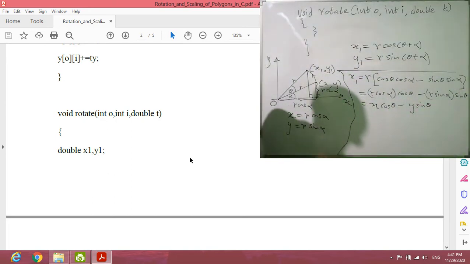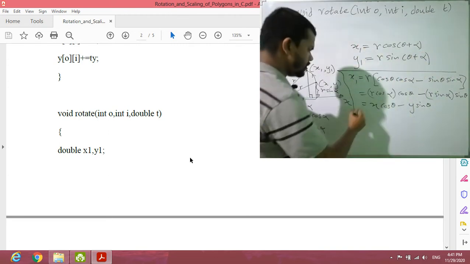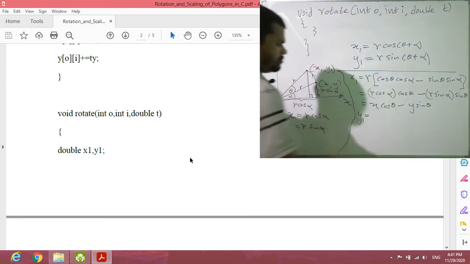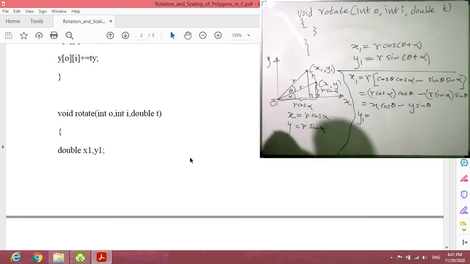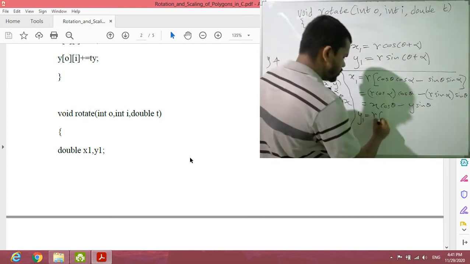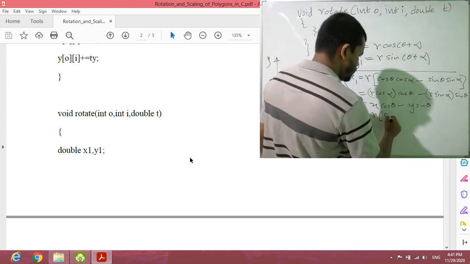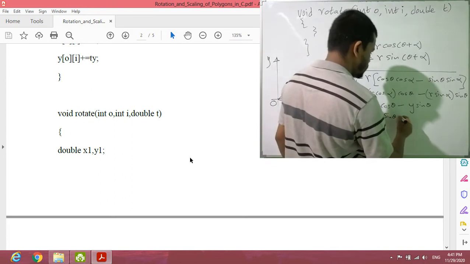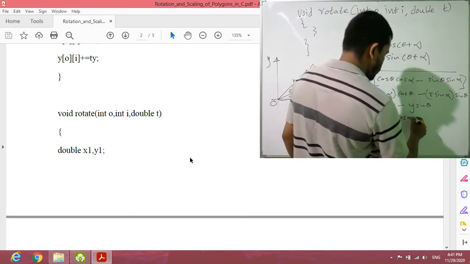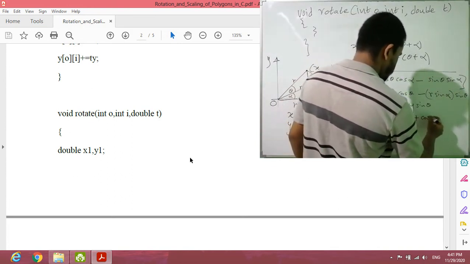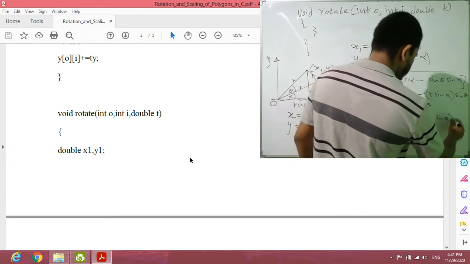Now if you consider y1, it means r sin(theta plus alpha), which is sin theta cos alpha plus cos theta sin alpha.